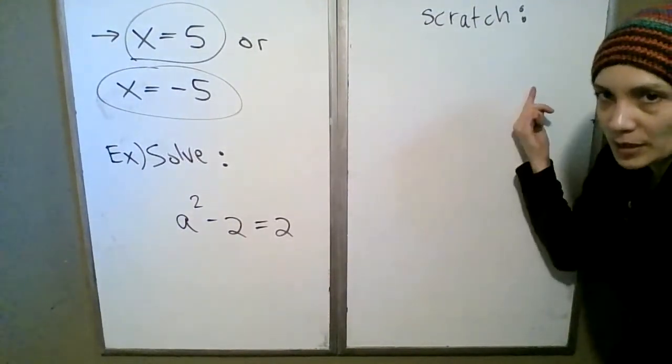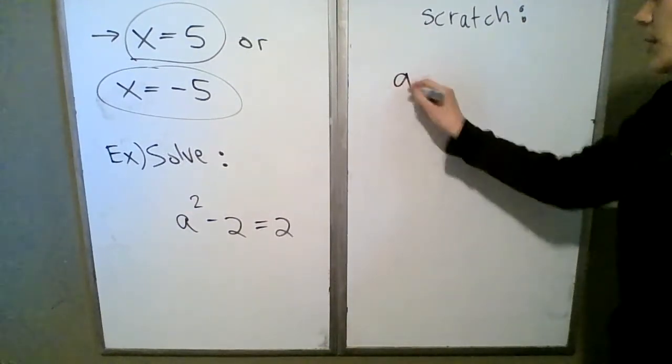So just copy down the problem. A squared minus 2 equal to 2.